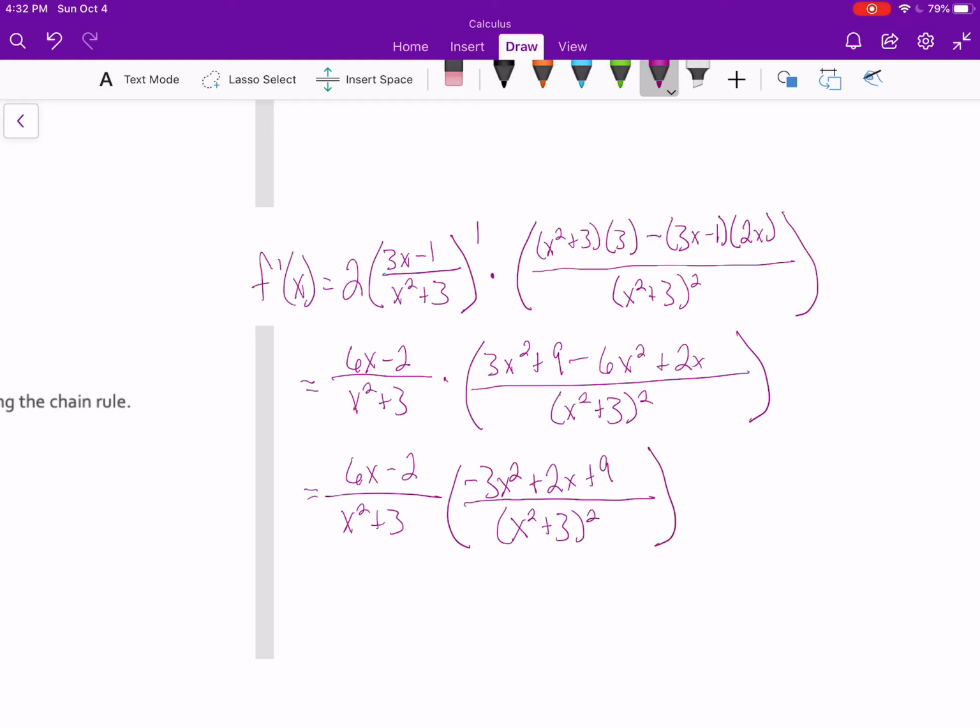If you want to multiply it out, you can, or you can just leave it as the quantity 6x minus 2 times the quantity negative 3x squared plus 2x plus 9 all over x squared plus 3 cubed, because we have 2 here and another one here, so it now becomes cubed.